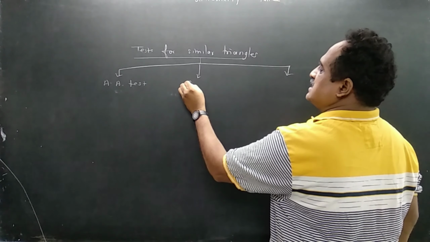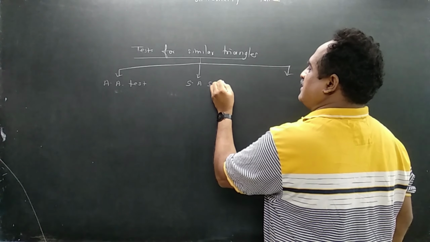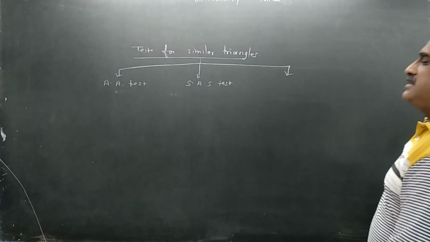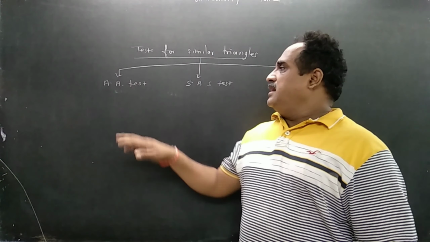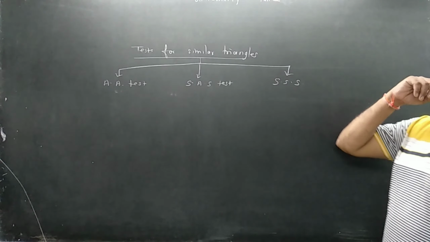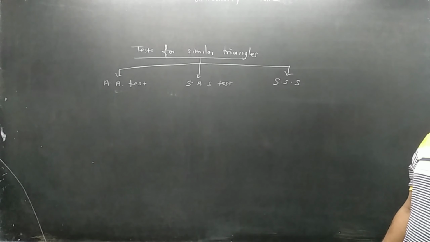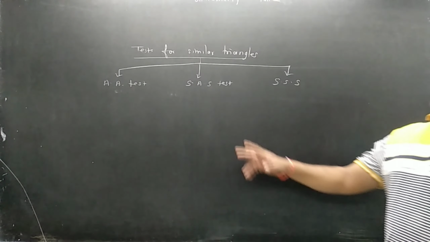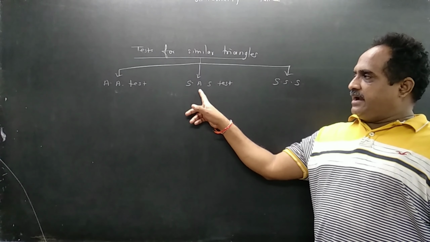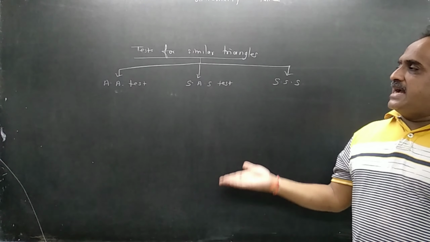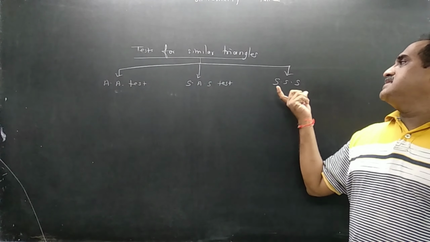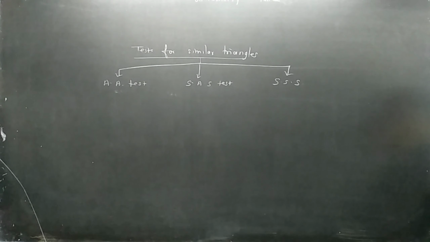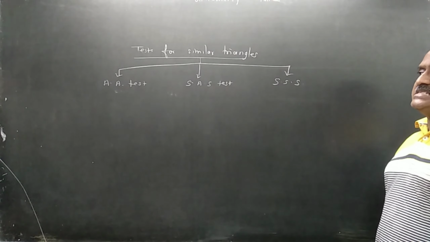The second test was the SAS test, and the third test is the SSS test. AA test: if two angles of a triangle and two angles of another triangle are congruent, then they are similar. SAS test: if two sides and their included angle are in proportion and congruent respectively with two sides and included angle of the other triangle, then by SAS test they are similar. And if all three corresponding sides are in proportion, we use the SSS test. It was there in the 9th standard syllabus.